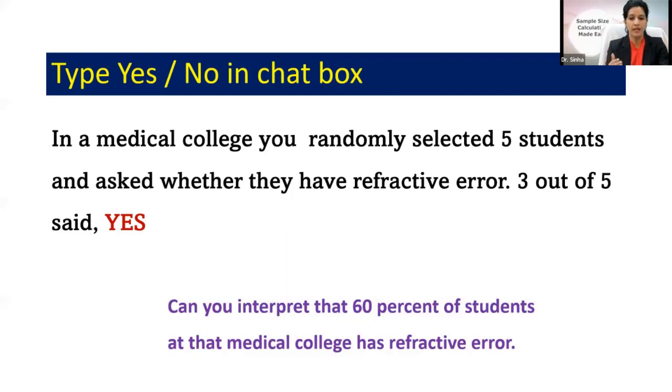Can you say that 60% of the students in that medical college have refractive error? The option is only yes or no. Most of you are answering no, and yes, you are right, we cannot say that only by examining 5 students.